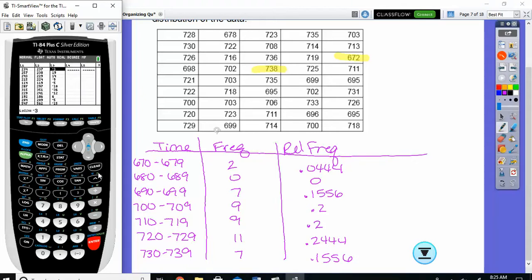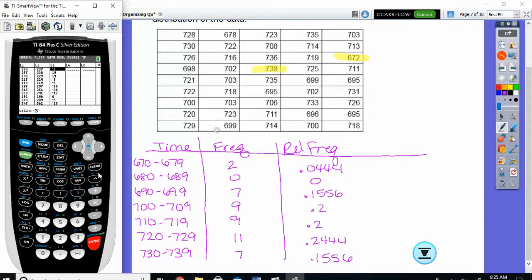Now let me tell you a few things about your lists here. Everything is easier if your lists are L1, L2, L3, L4, L5, okay? It is possible to delete a list off your calculator. Like you could accidentally delete L1. Then you have to make a lot of other changes later on. So we don't want to do that.